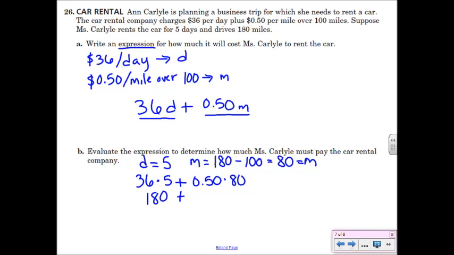And 0.5 times 80 is 40. And then the last thing that we do is 180 plus 40 is 220. So it's going to cost her $220 to rent the car for 5 days and drive it 180 miles.